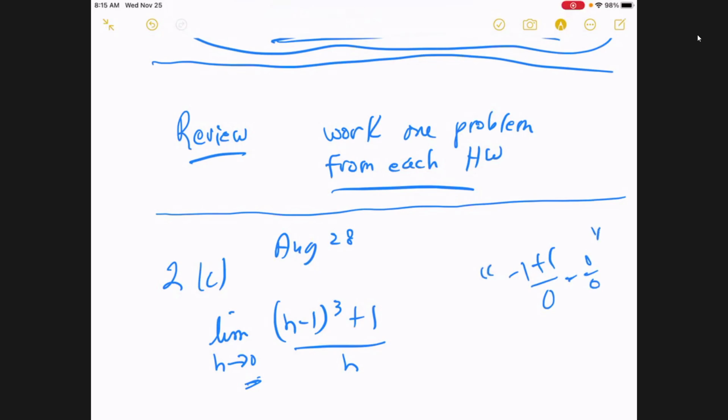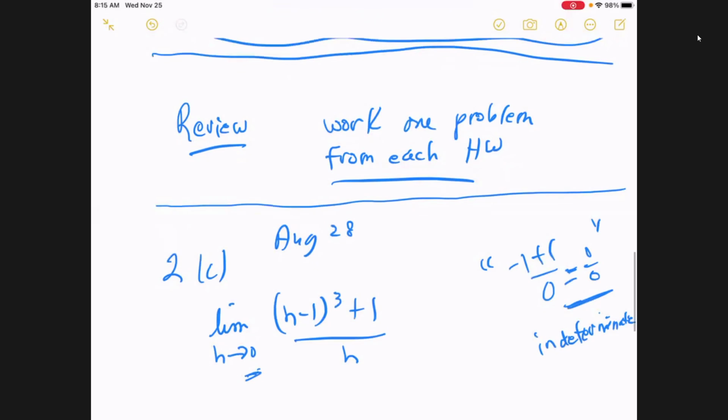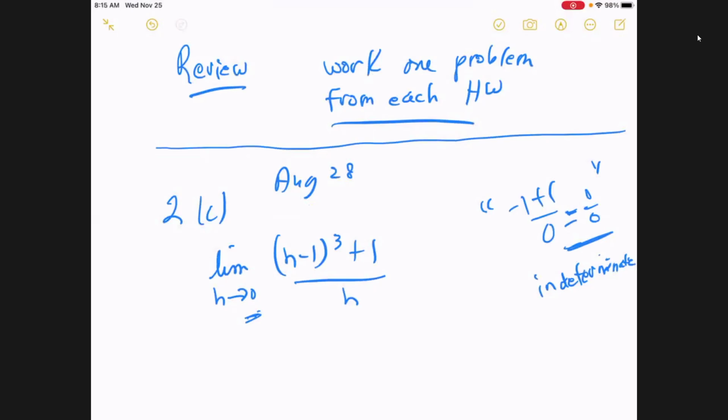I put that in quotes because that's not a number. Anytime you get 0 over 0, it means you don't know, okay? It means you have more work to do because this is what you call an indeterminate form. Indeterminate really means anything can happen, and you need to look more closely at your problem. So direct substitution will not work.